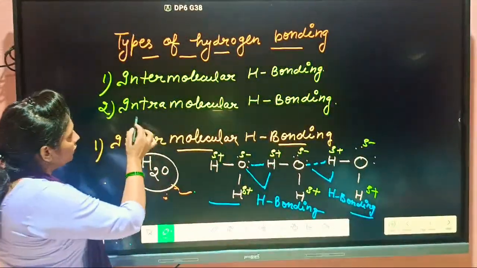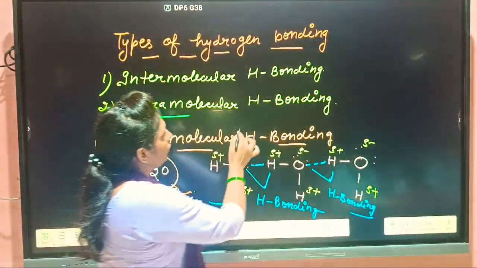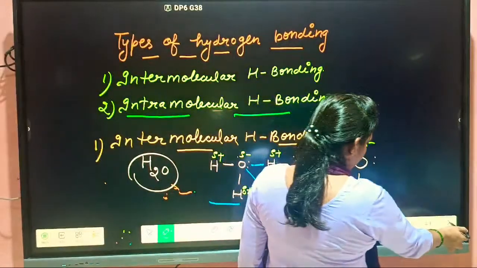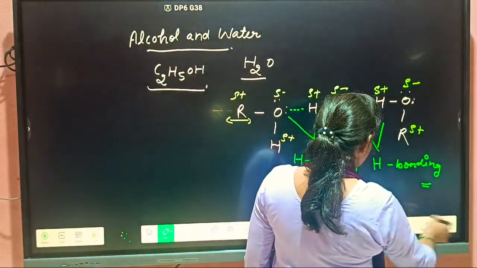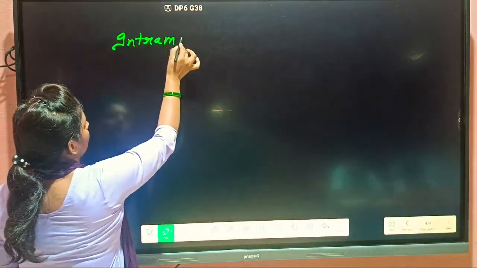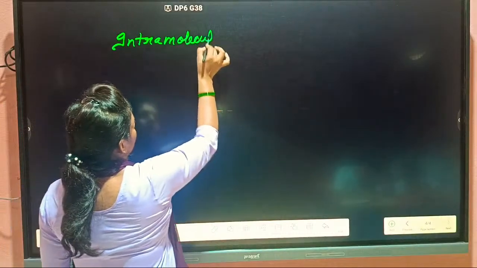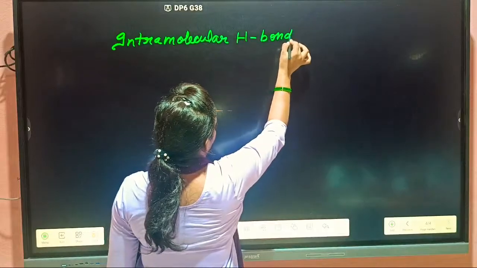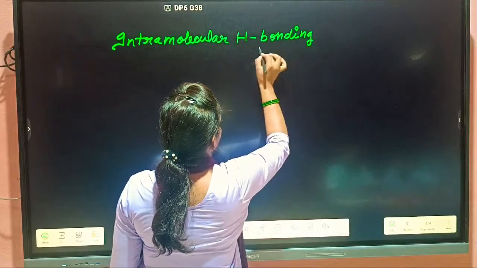Then the second type is intramolecular hydrogen bonding. What do you mean by intramolecular hydrogen bonding?